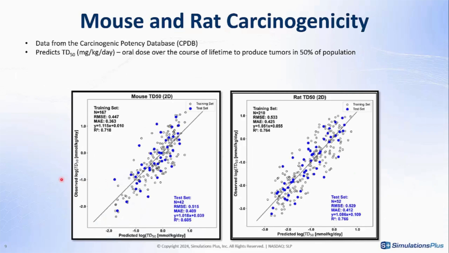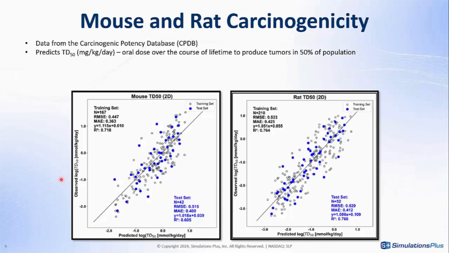The next two models are the mouse and rat carcinogenicity, similar to the lethal dose, except this is a long-term study where you're looking to see if the species, the animal, develops tumors over the lifetime in 50% of the population. So again, you would increase the dose. You'd have several groups, increase the dose for each of these groups, and then determine if any tumors are produced.